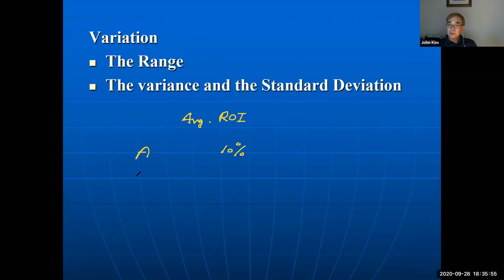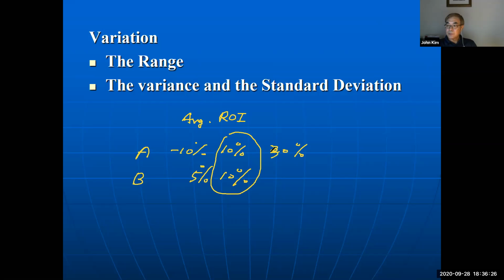Stock A and stock B both average 10%, but the range is different. For A, it ranges from negative 10% to 30%, and for B, from 5% to 15%.